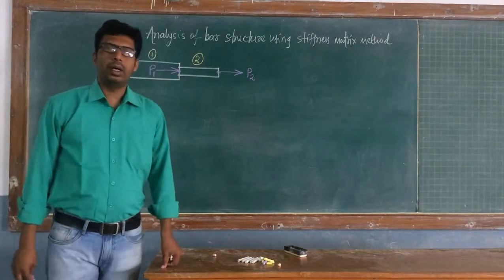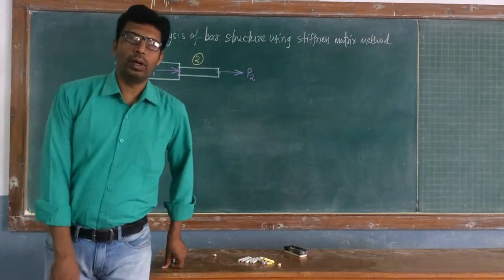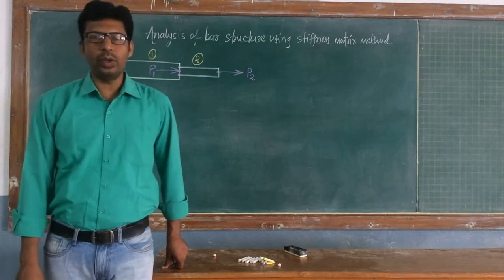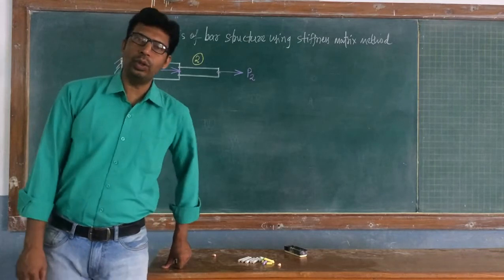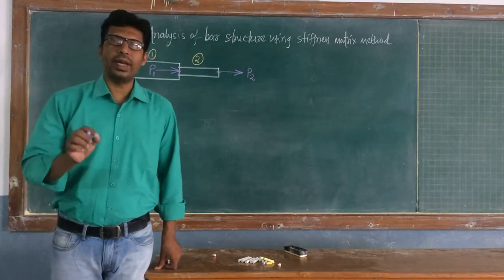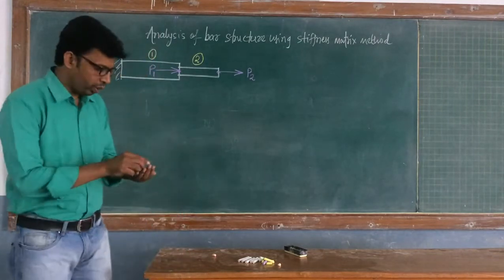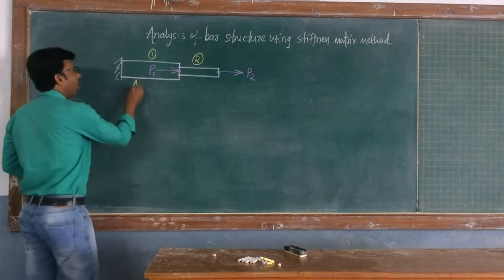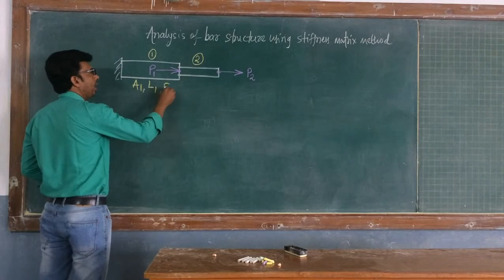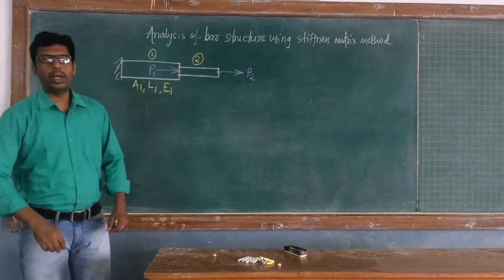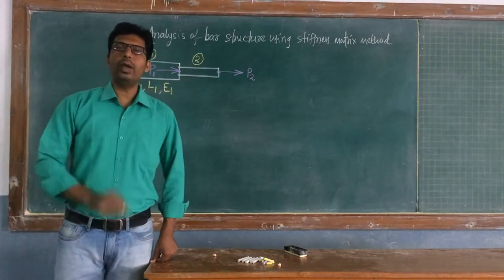The cross-sectional area of this bar structure will be given to you, the length of both the members will be given to you, as well as the modulus of elasticity. So A1, L1, E1 will be given to you.